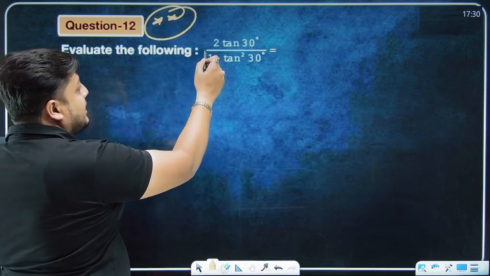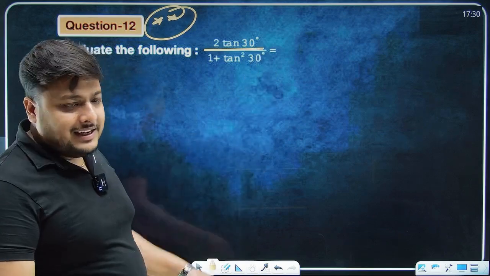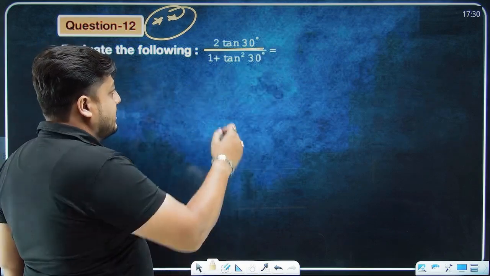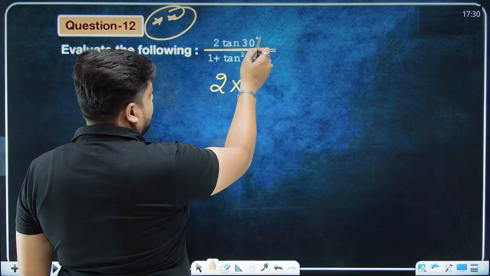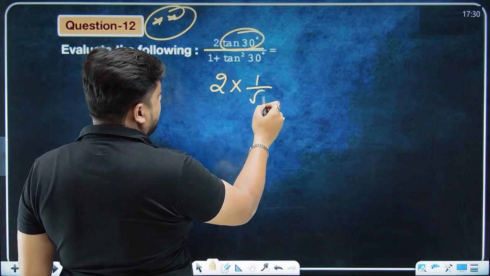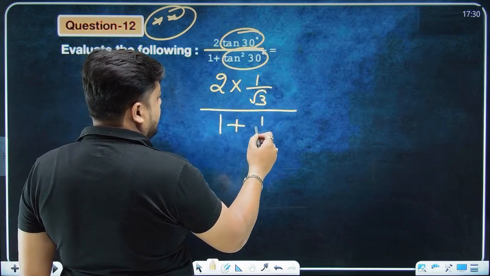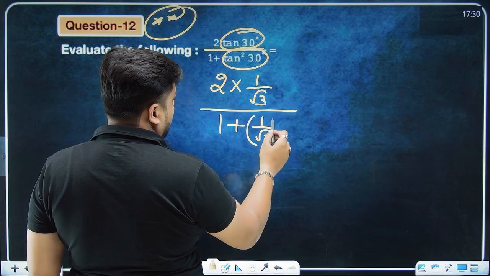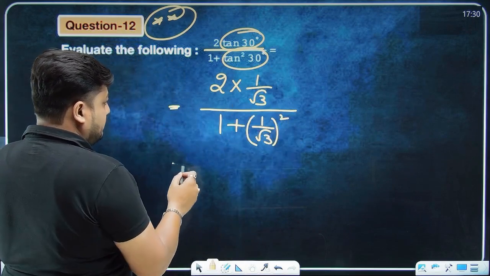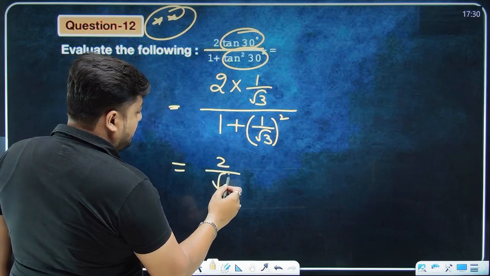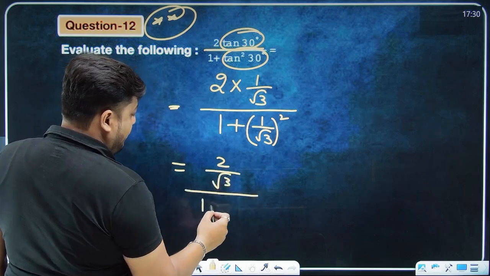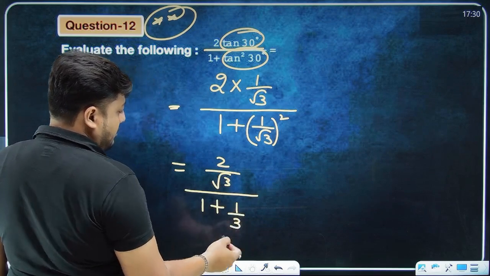It is saying: twice of tan 30 upon 1 plus tan square 30. That means twice of tan 30. Tan 30 is what? 1 upon root 3. 1 plus tan square 30, that means 1 upon root 3 whole square. So it will be 2 upon root 3 upon 1 plus 1 upon 3.